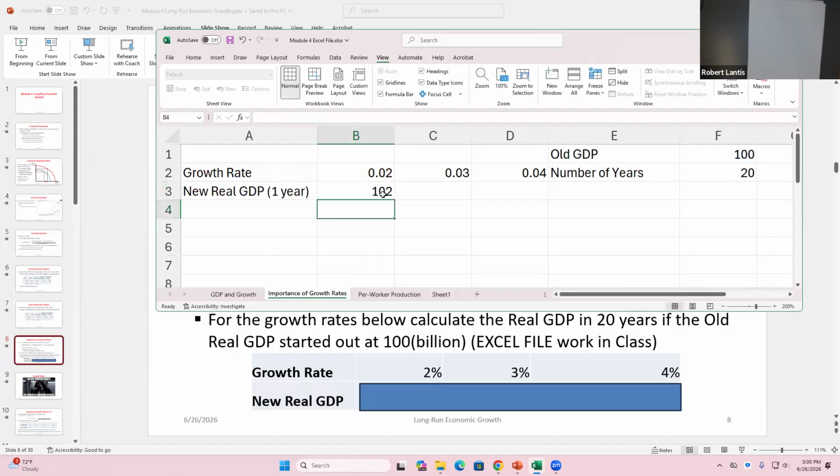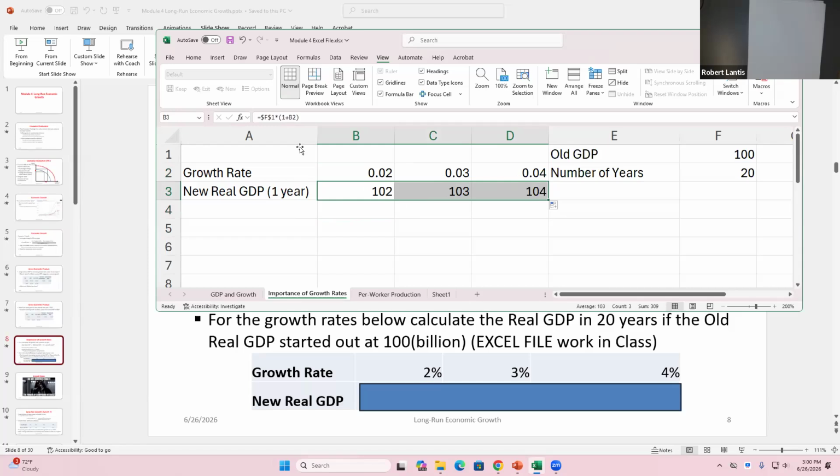I would then do that for each of the next 2 different growth rates. So if I drag this across, I want that initial starting GDP to be the same, and I want this to show the changes in my new real GDP at these different growth rates. Notice as the growth rate increases by 1% here, in the following year, that only increases GDP by 1, a relatively small amount.